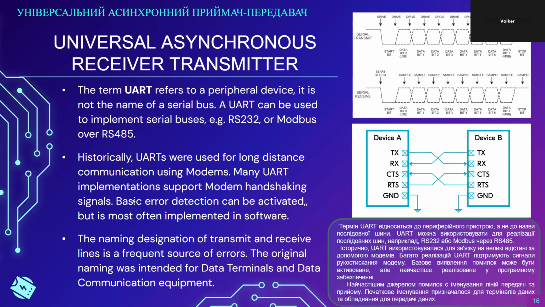Those come from a time period when the modems were connecting not just personal computers or home computers, they were connecting data terminals. And so there's a lot of legacy naming in these names. And really the important lines are TX and RX, transmit and receive. Those are the usually accepted abbreviations for the transmit and receive lines.